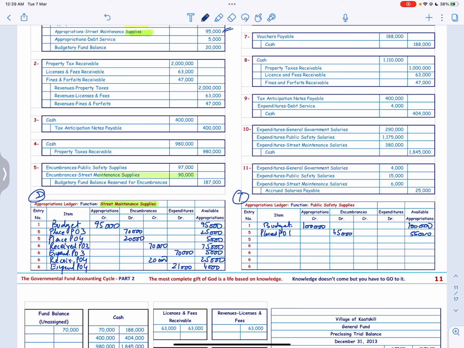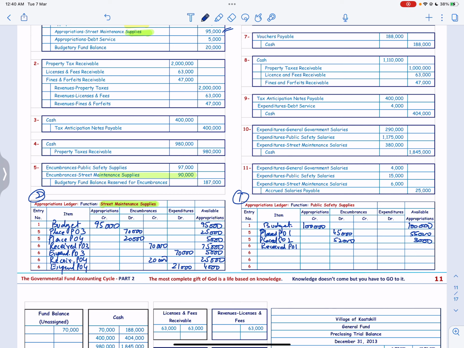Then the next is we have placed purchase order number 2 and that was for 52,000. So the balance is 3,000 now. Then we received purchase order number 1.